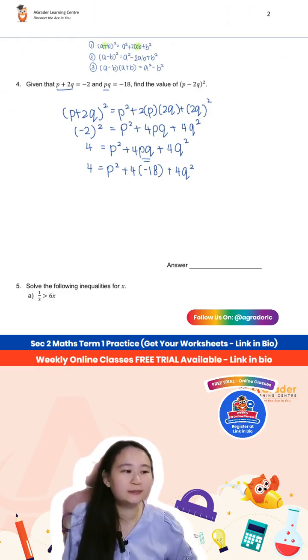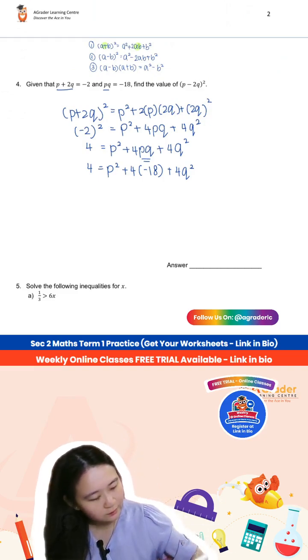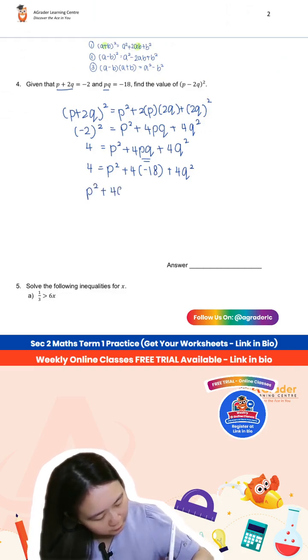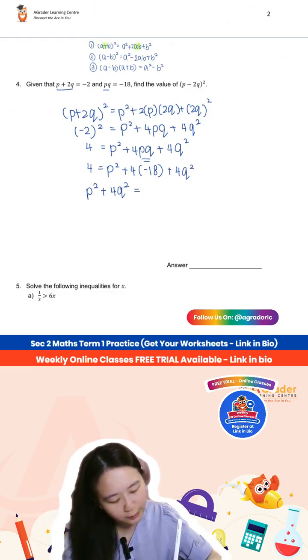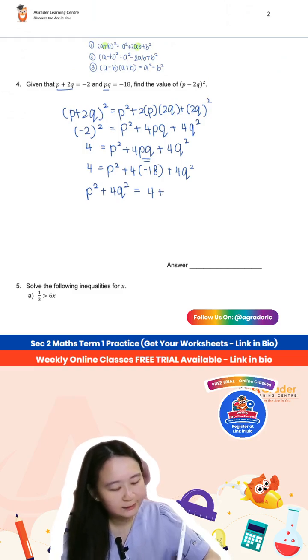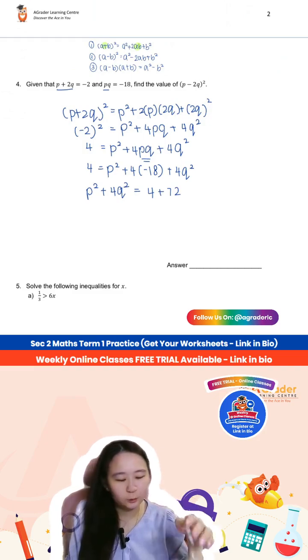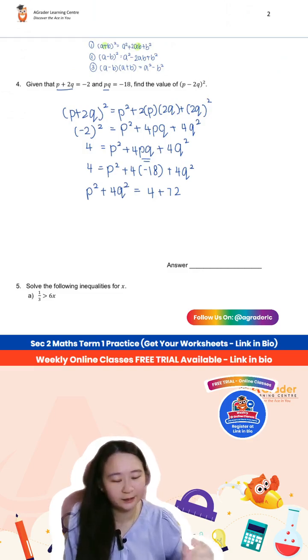So 4 times negative 18, we get negative 72. We can switch them around. So p squared plus 4q squared equals 4 plus 72. Okay, we shift the 4 times negative 18 to the other side.